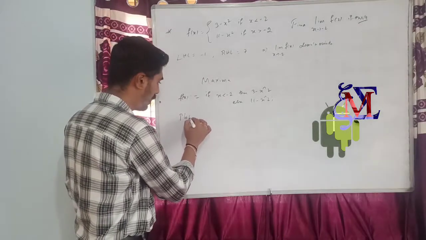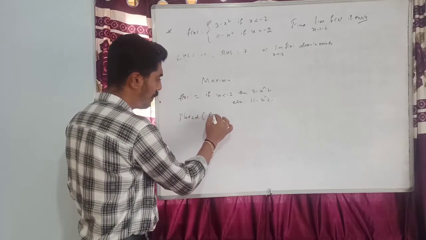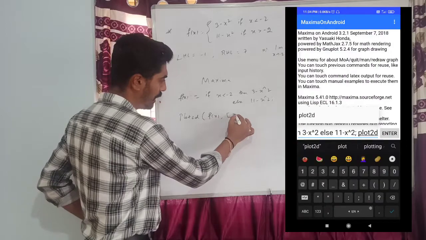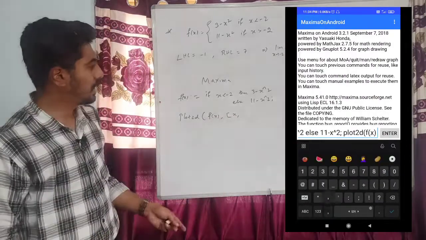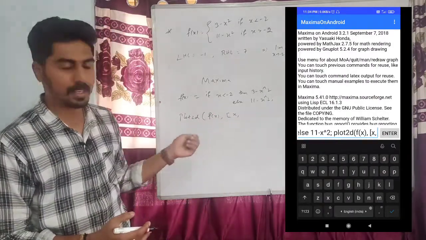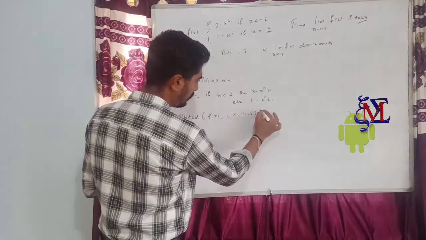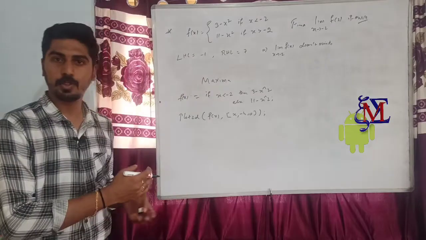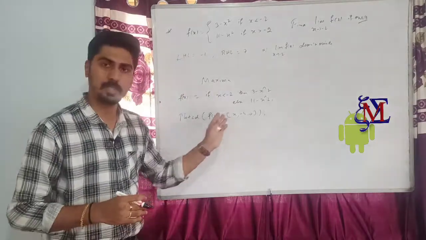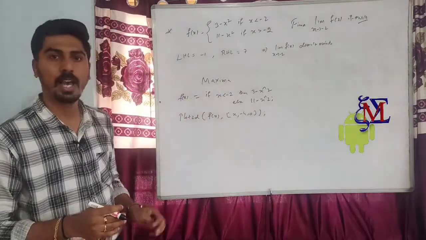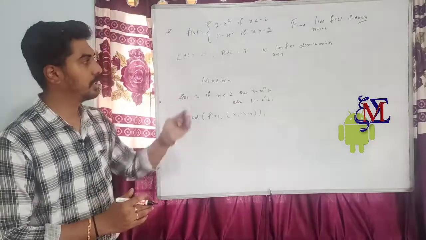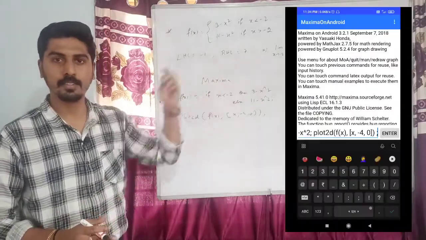Plot 2D f of x comma, I consider the range of x as minus 4 comma 0. The range of y is not mandatory. You just type this in this app. You get the graph of this function like this.